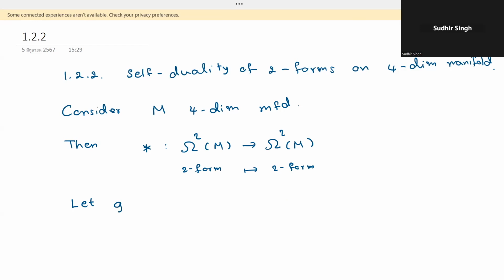So M is still pseudo-Riemannian, but we let the metric be either Riemannian or of neutral signature.